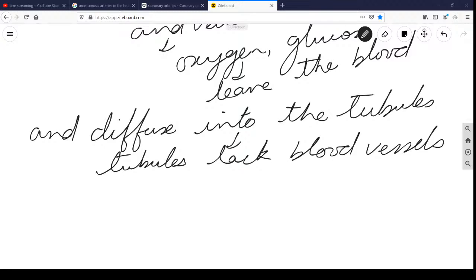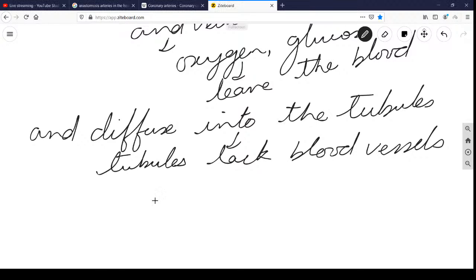Now these interstitial spaces also contain something known as the testicular interstitial cells, or you may be familiar with the more renowned name, the Leydig cells.